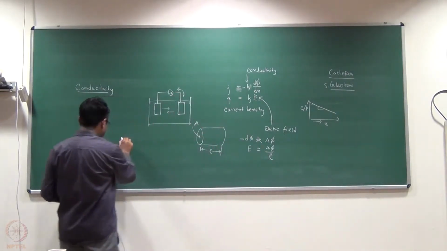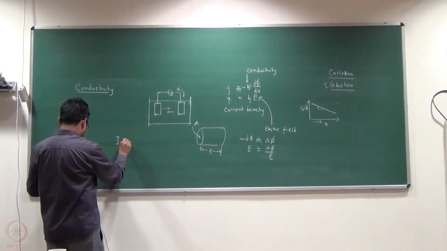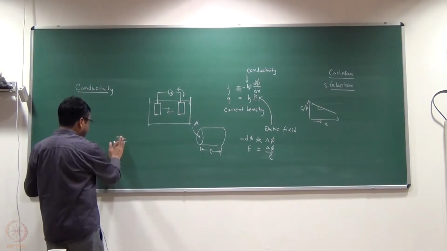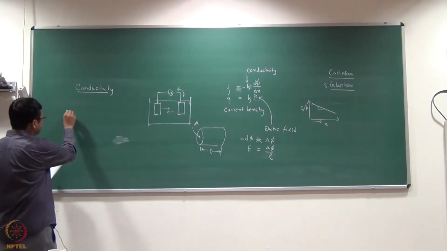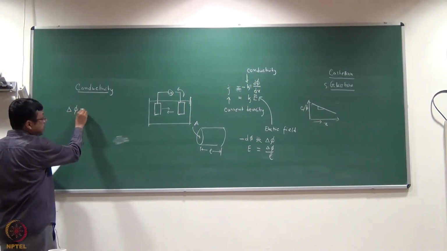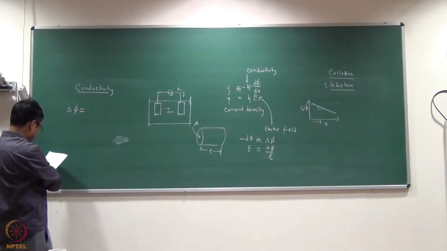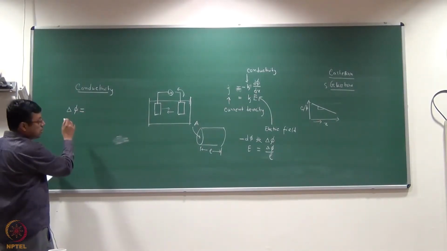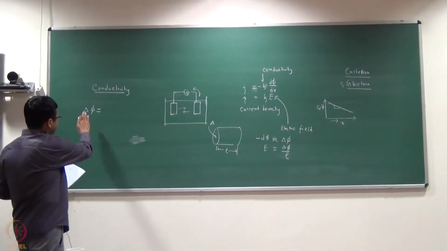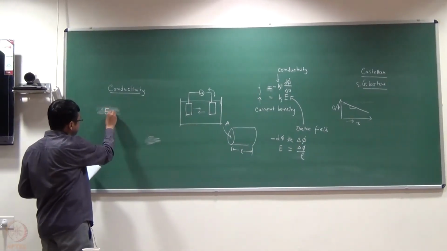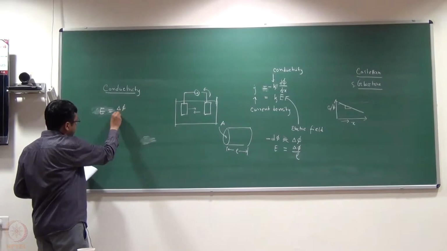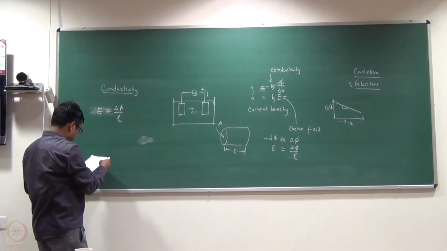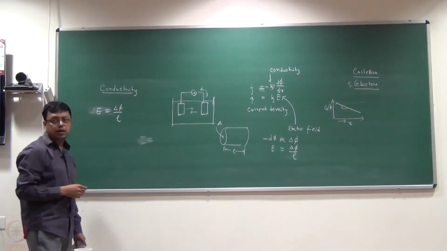Now, what will be my current? What is I? Let me first write the delta phi. I wrote E as delta phi by L, right? And then how do I define the current?